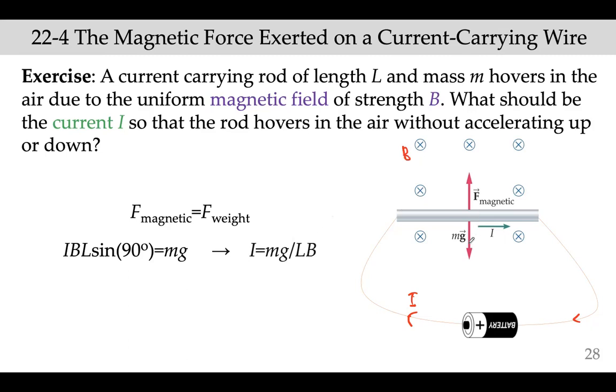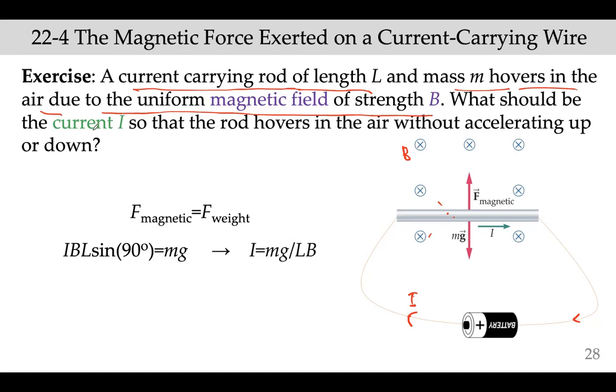Now in this case, we also have gravity. So basically a current carrying rod of length L, this one, and mass M hovers in air due to the uniform magnetic field of strength B. So this piece of rod, this metallic rod, in this setup, is hovering in air.